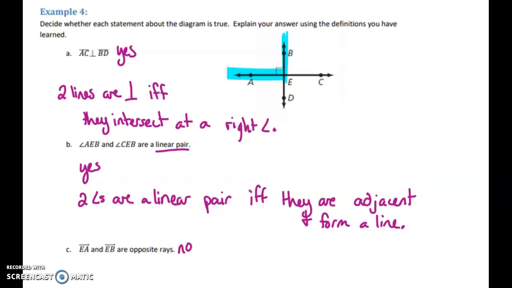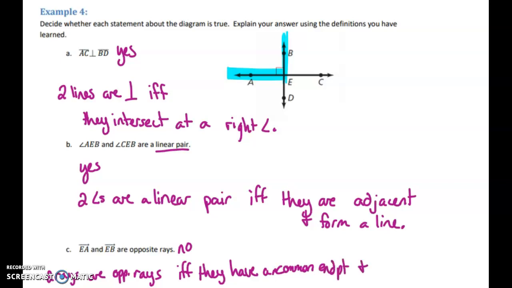So we are going to say no, and we are going to write the definition. Two rays are opposite rays if and only if they have a common endpoint and extend in opposite, I'm going to abbreviate opposite, directions.